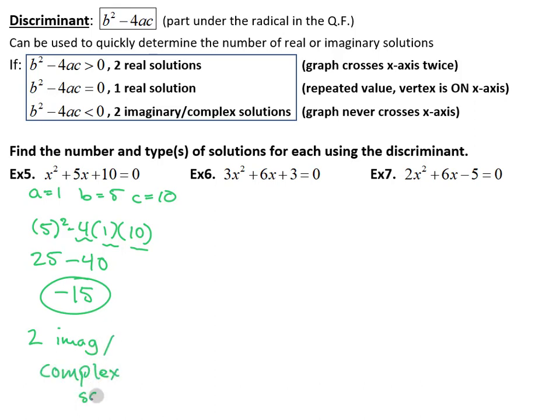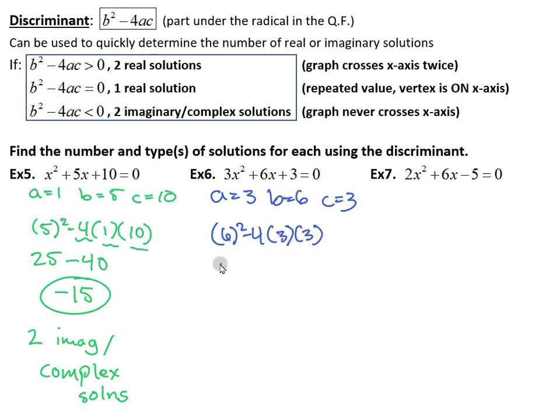It also tells me that my graph never crosses the x-axis. That's why we're getting imaginary solutions. So remember, when the discriminant is less than 0, if it's any negative number, we get two imaginaries. Okay, let's try this next one. A is 3, B is 6, and C is also 3. So b squared, 6 squared, minus 4 times a times c.